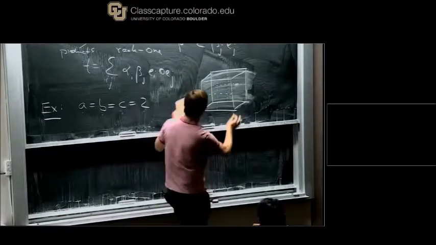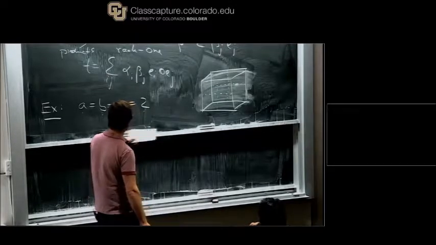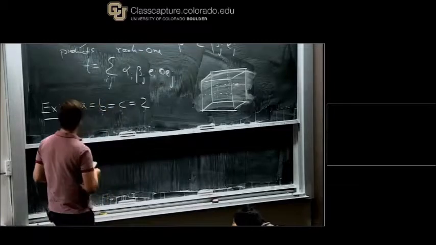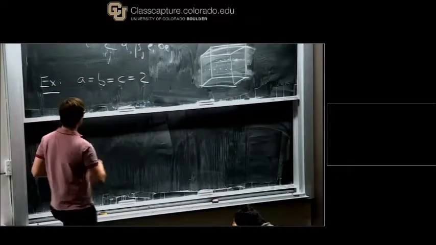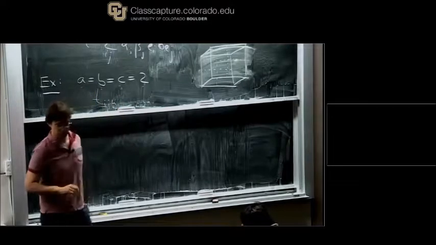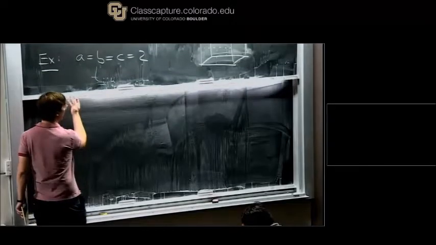So this should be a 2 by 2 by 2 cube, and I can arrange my numbers in this 2 by 2 by 2 cube, right? So there are 8 numbers in this case. I have T, I, J, K, but now all the numbers run from 1 to 2, so there are 8 of those. I can ask myself, what are interesting examples?